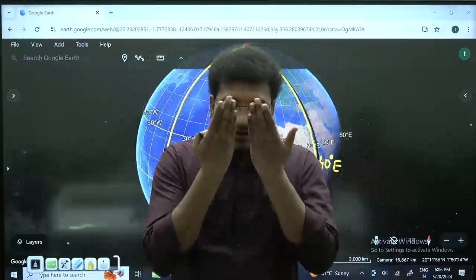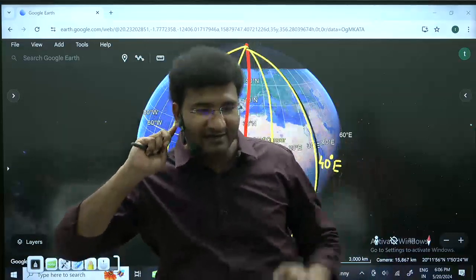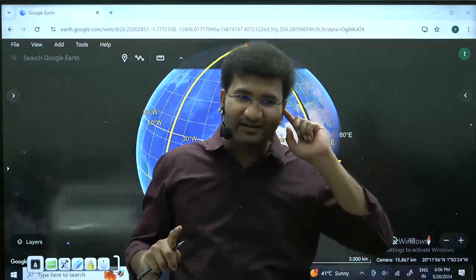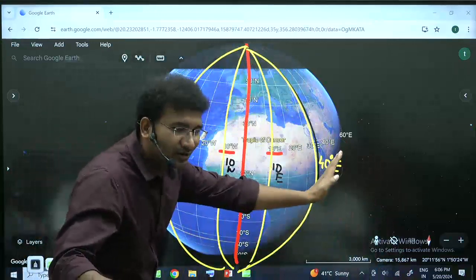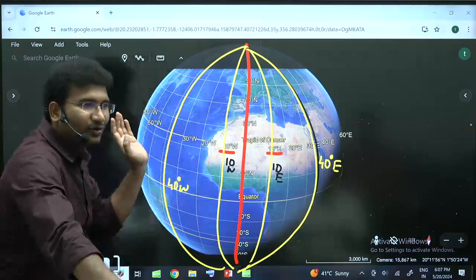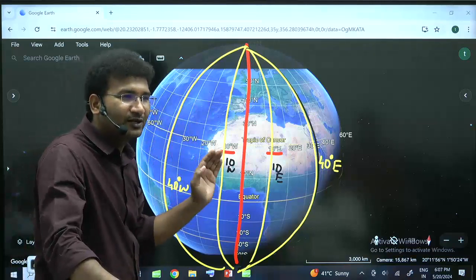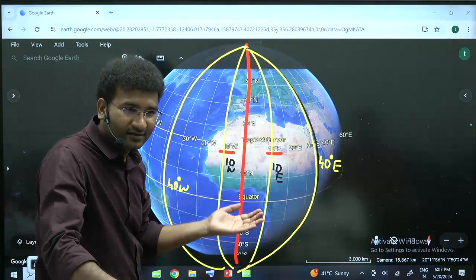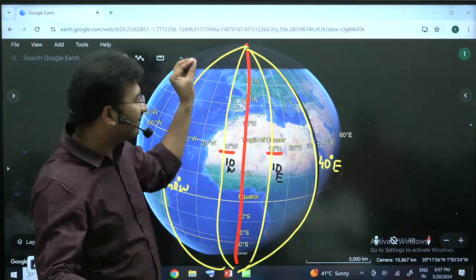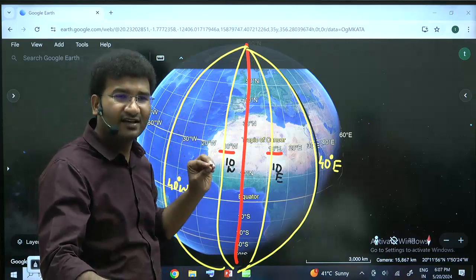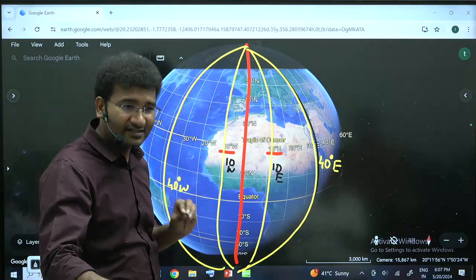So all these places, this is my right ear, this is my left ear, right? Likewise, our earth will also have the eastern longitudes and western longitudes. Both the eastern longitudes and western longitudes will go and join at 180 degrees longitude, right? That's why 180 degrees longitude is also taken as the international date line. ठीक है, international date line.